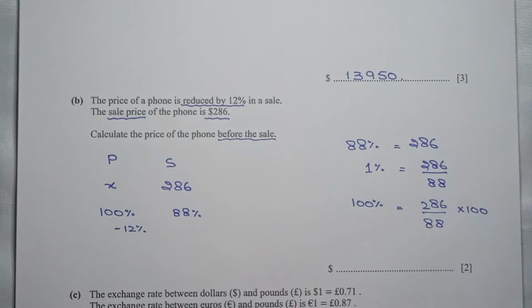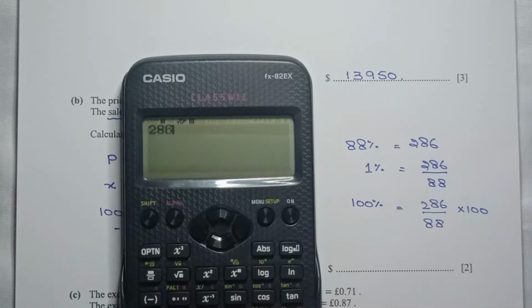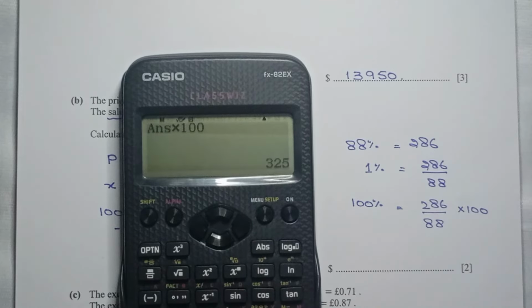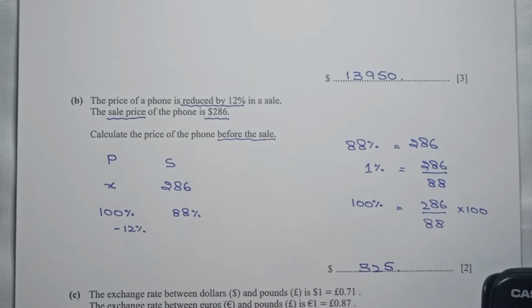We will get the price of the phone before the sale. So let me do it: 286 divided by 88 times 100 would be 325. So this is the price of the phone before the sale.